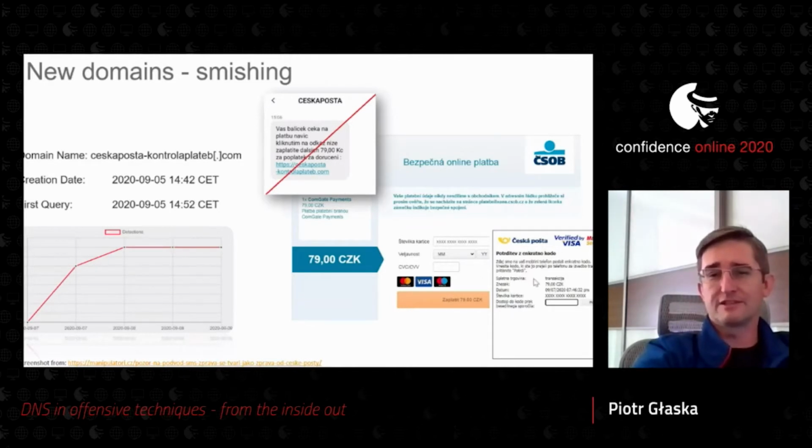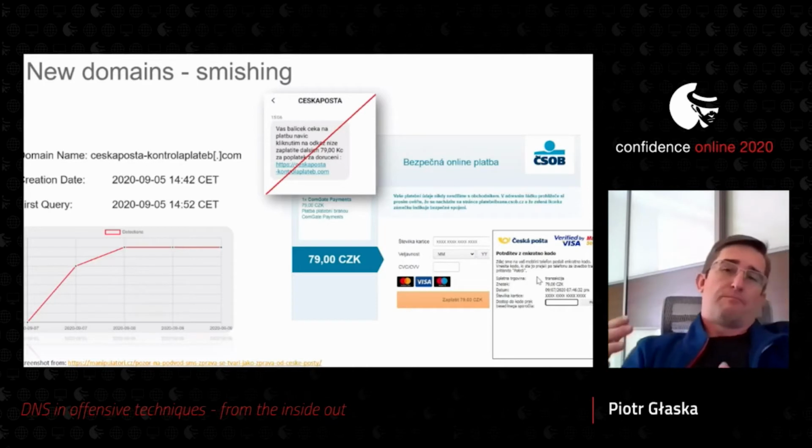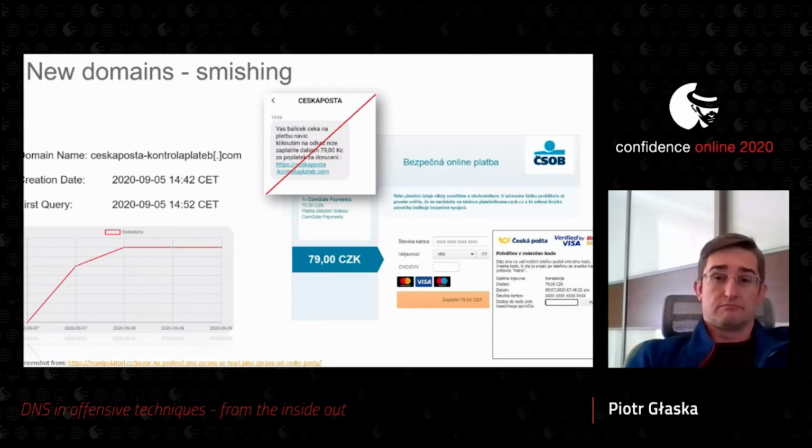This one is actually quite interesting because of the screenshot from these phishing web pages, especially the one on the right bottom. The attack was targeted towards Czech Republic users, but the language on this web page is not Czech, it's Slovenian.